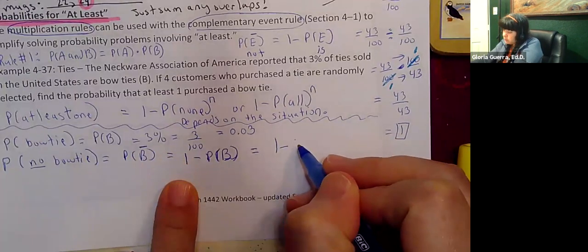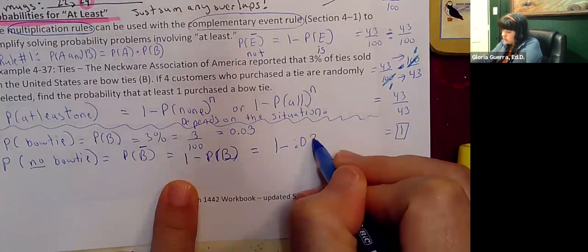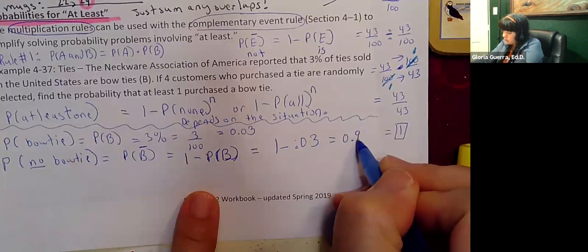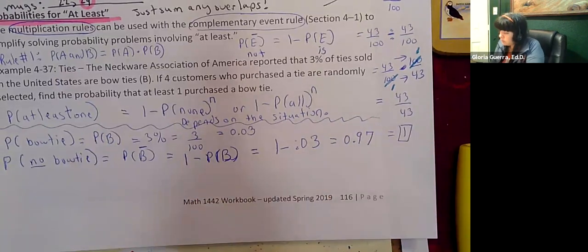So I'm going to do 1 minus 0.03, and 1 minus 0.03 is 0.97.